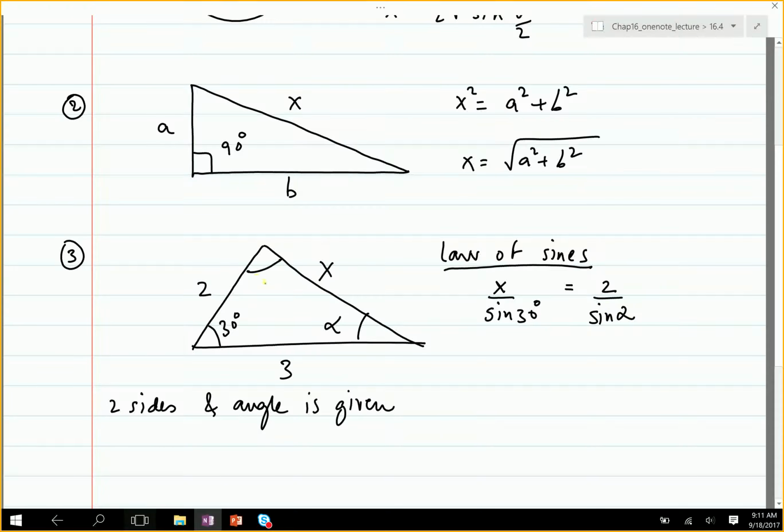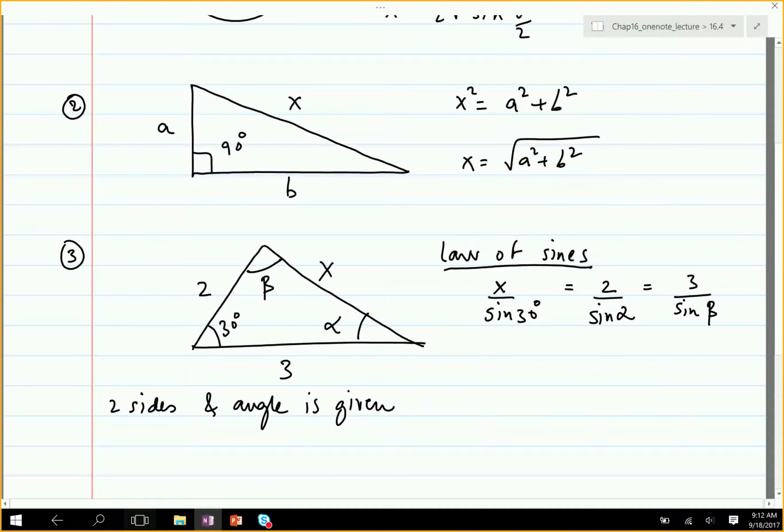If you like, let's call this beta, and this will be 3 divided by sine of the angle opposite to the side with length 3. This is the law of sines.